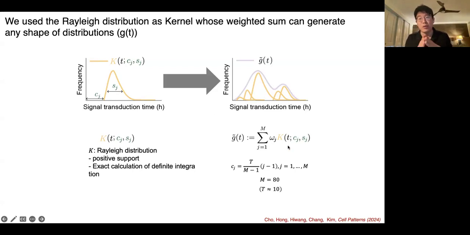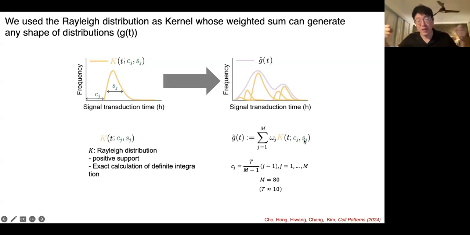So now we want to infer the time delay distribution GT. We just need to infer the weights omega j, and Cj and Sj. Then our game is over. The key is that we changed the function inference problem into a parameter estimation problem. So for this, we will infer omega j and Sj.